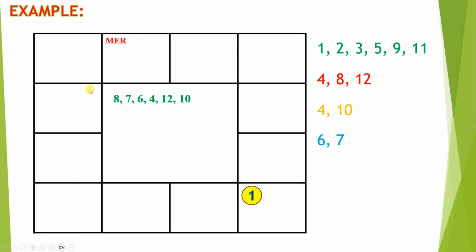Here the ninth house is the 12th house of the Lagna. So from the 12th house, if we count 1, 2, 3, 4, 5, 6, 7, 8 and 9, this is the ninth house, and the 12th house will be benefited because of the Dasha Lord.